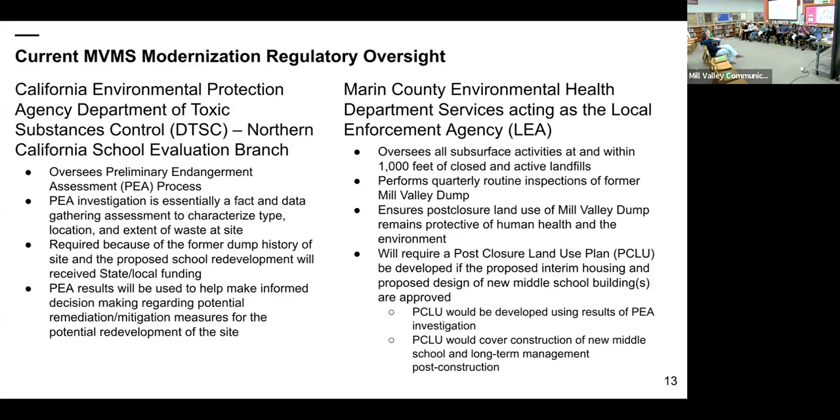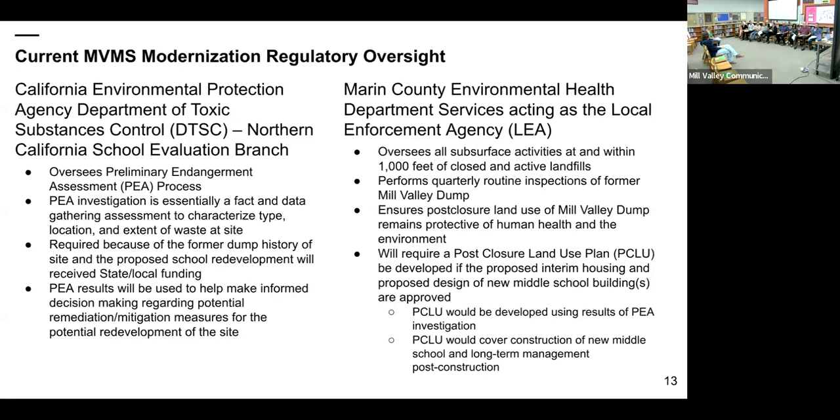The PEA, Preliminary Endangerment Assessment, is pretty much a fact and data gathering assessment, and it characterizes the type, potential type, the location and extent of any waste or contaminants that might be on the site. DTSC is the lead agency for this, and the PEA is required for the site because of the site's previous history as a former burn dump, and also because any potential redevelopment at the site would receive state or local funding.